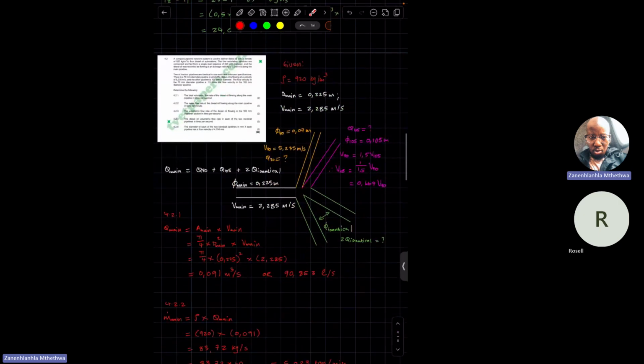Right. So now let's look at this pipeline systems problem. It's pretty simple as well.